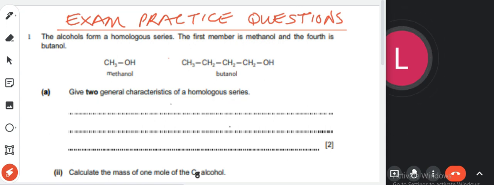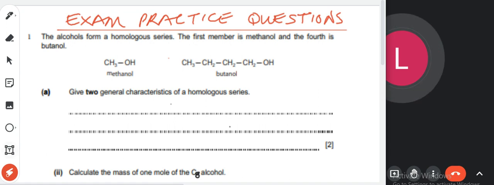We talked about this earlier. Homologous series have a general formula. All the compounds that are in the same homologous series have a general formula. And of course, their chains increase by 1.